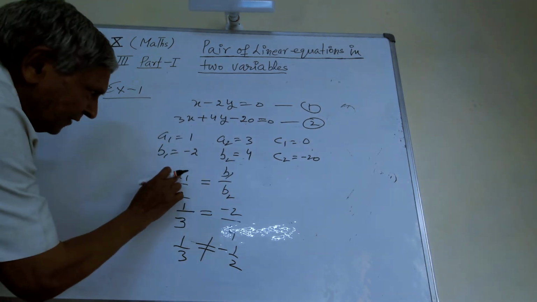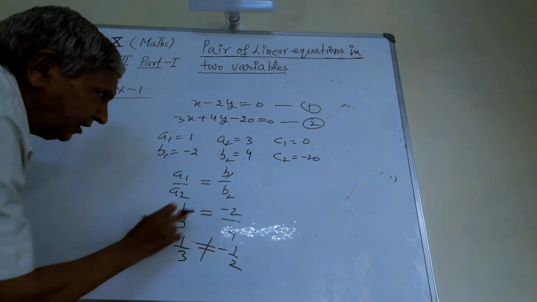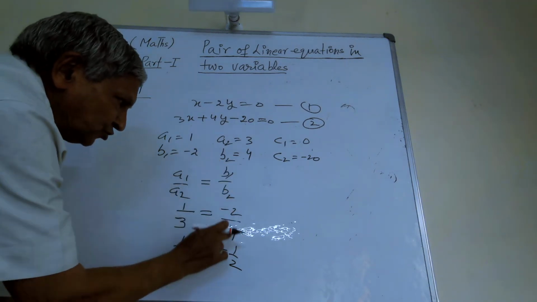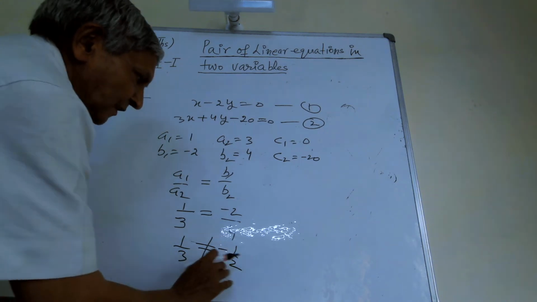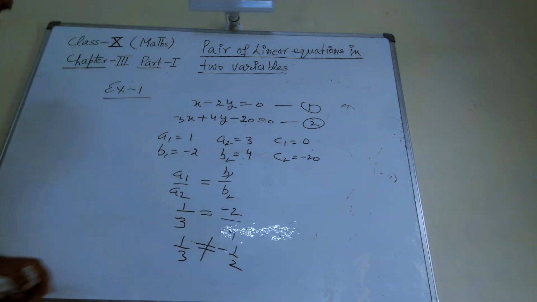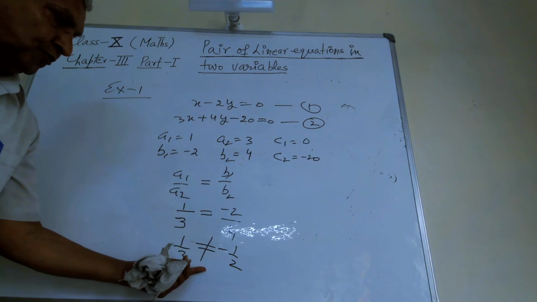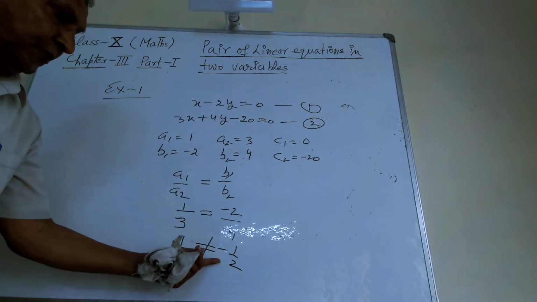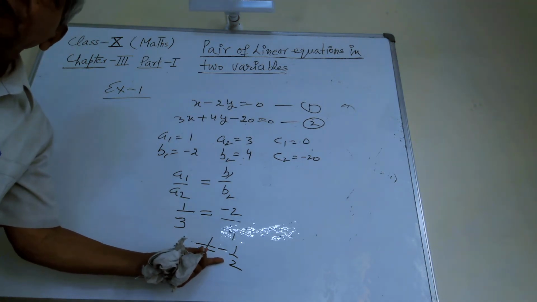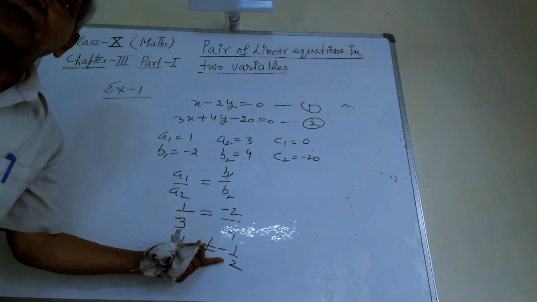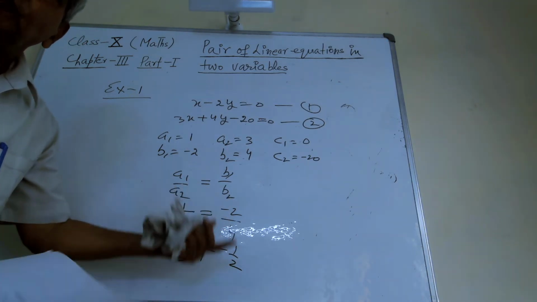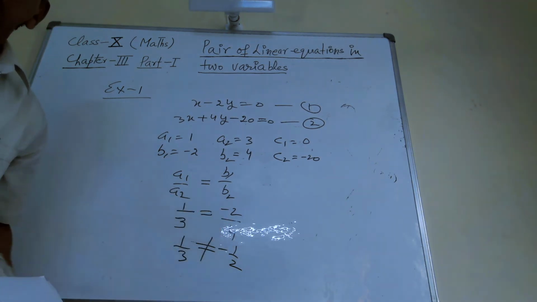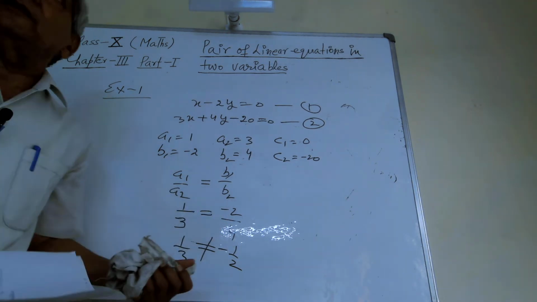Now by putting the values of a1, a2 as 1 by 3 and b1, b2 as minus 2 by 4, the condition a1 upon a2 is not equal to b1 upon b2 holds. This is the first condition. Hence these two equations are consistent and have a unique solution. So we can solve these equations by the graphical method or the algebraic method.